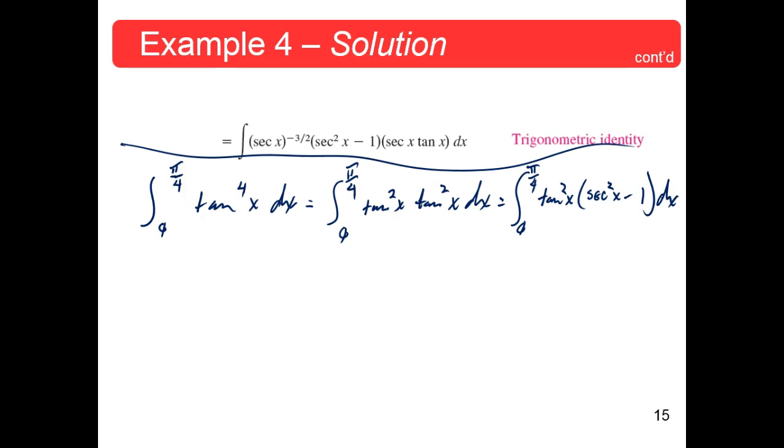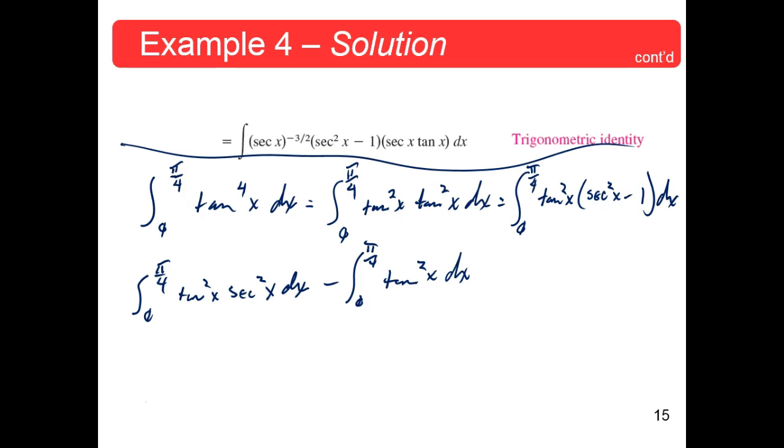Well, that would be the integral from 0 to pi fourths of tangent squared x secant squared x dx, minus the integral from 0 to pi fourths of tangent squared x dx.